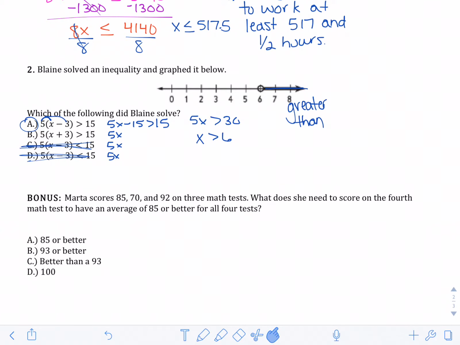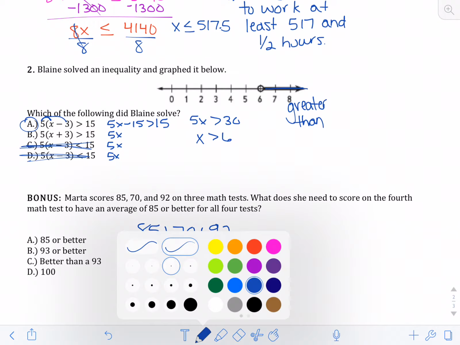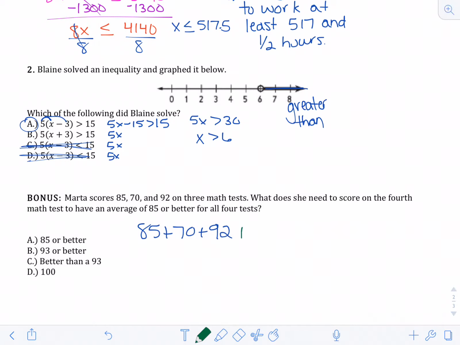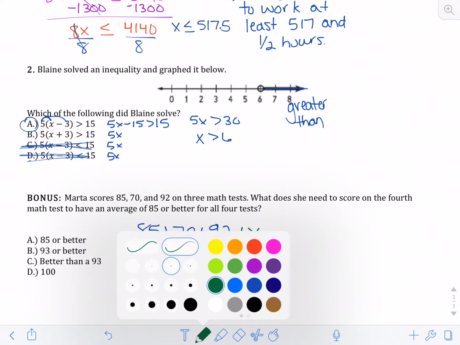Alright, and then let's see this last one. Marta scores 85, 70, and 92 on 3 math tests. What does she need to score on the 4th math test to have an average of 85 or better for all 4 tests? Alright, so she has made a score of 85, a 70, and 92 on all 3 math tests. She has to take one more test, and we are finding her average.